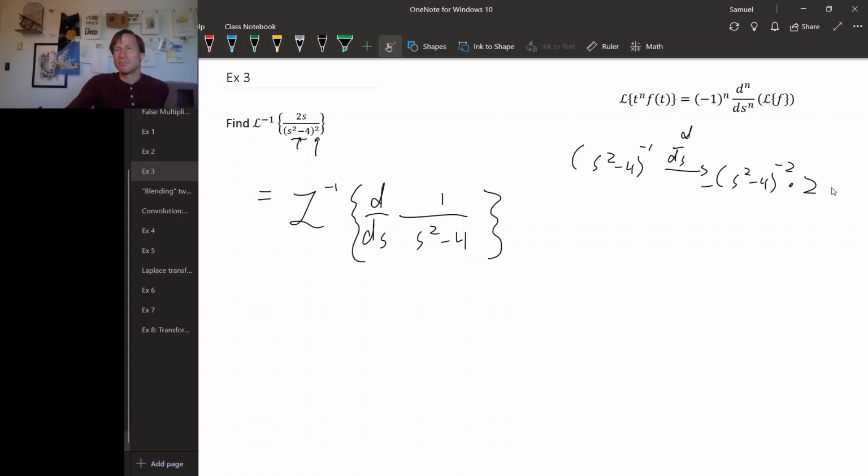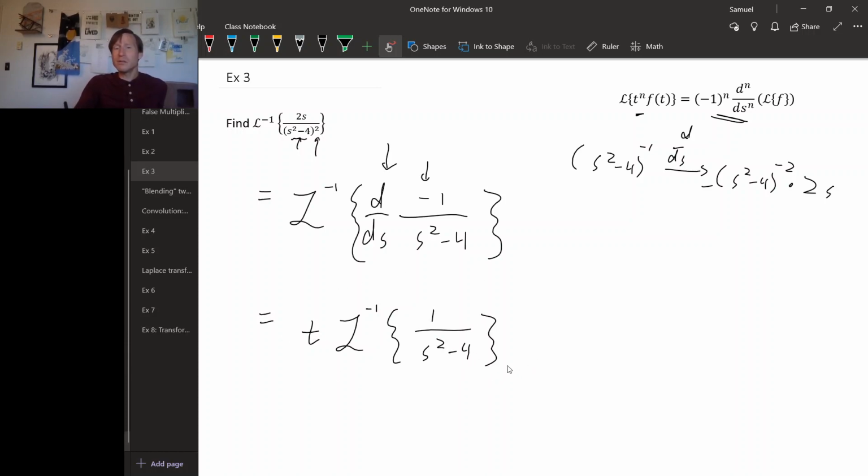And then the chain rule is going to spit out a 2s. So it looks like I need a minus sign here. Okay. But a derivative and a minus sign in the s world turn into multiplication by t in the t world. So we get t times the inverse transform of 1 over s squared minus 4.